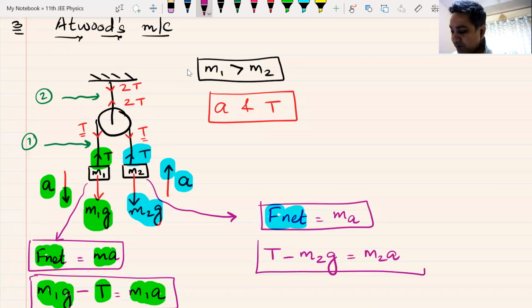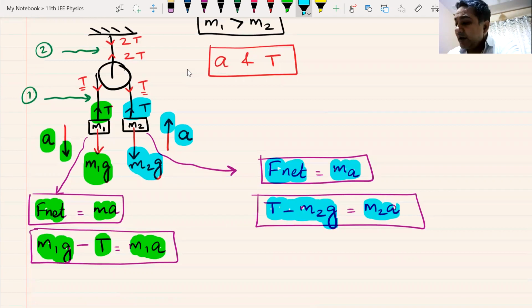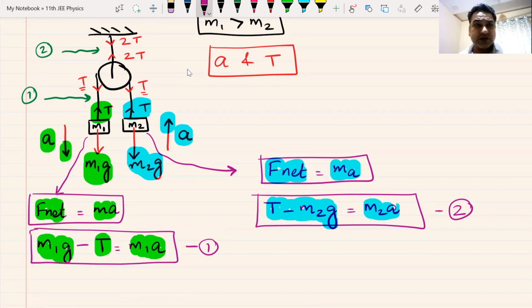That becomes the equation for block number 2, which is the lighter block, which is moving upwards. I may call the first equation, equation number 1, and this one, equation number 2. Two equations. Look at the unknowns here. How many unknowns are here? T is an unknown.